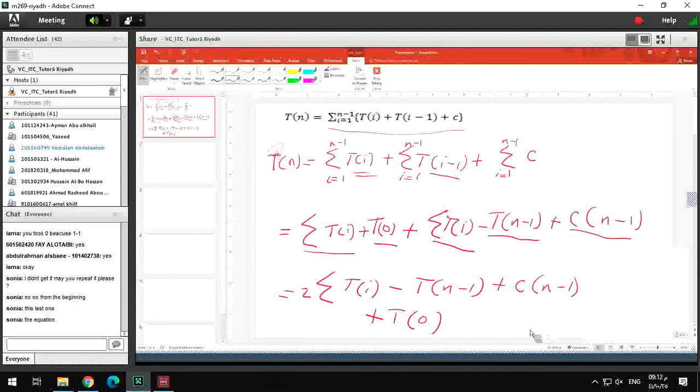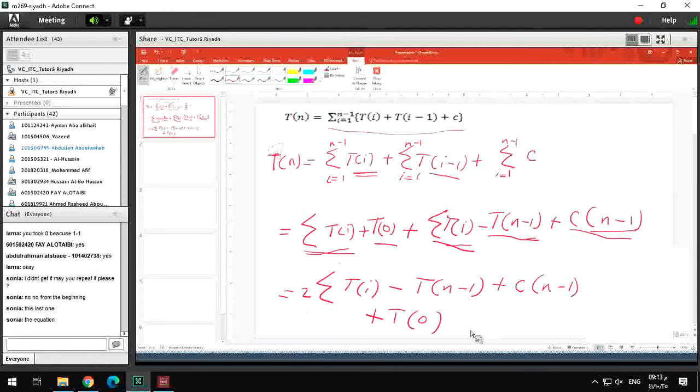Okay, here what we did in this question, we found that we have Ti from here, Ti plus T0, because n minus 1, which is 1 minus 1, is 0. And then we have summation of Ti minus Tn minus 1, and then C of n minus 1.